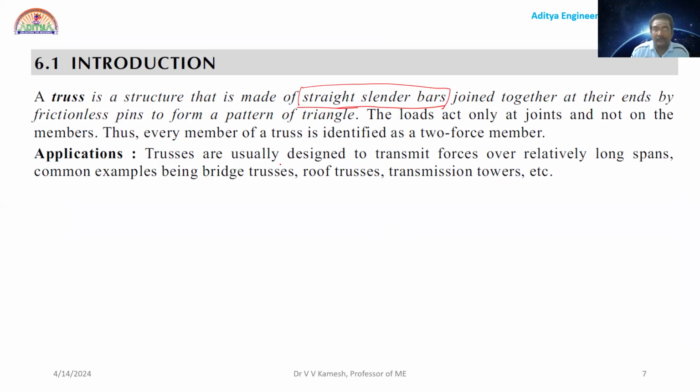Suppose I am taking one scale, and here I am drawing the diagram. At the ends, I will put two holes, and I will take another scale like this, and a third scale like this.